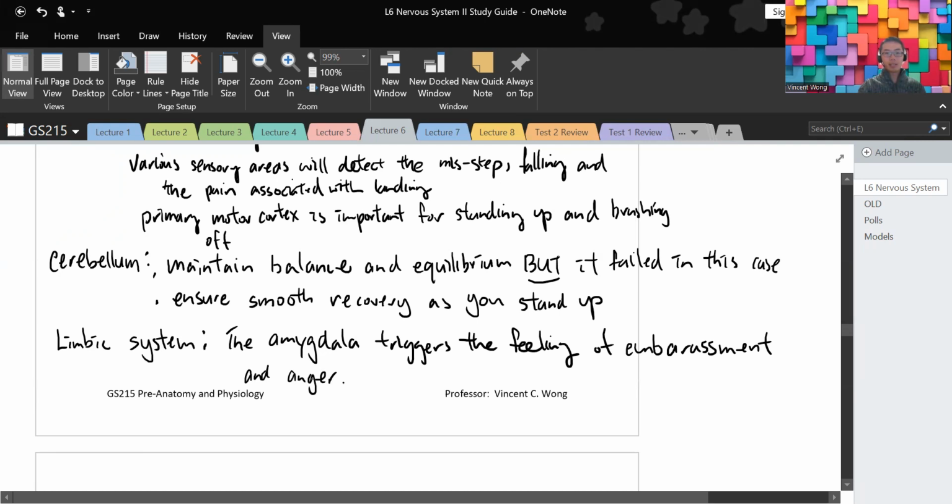Now these feelings are actually important because they help create an unpleasant memory. So next time, you will pay attention.